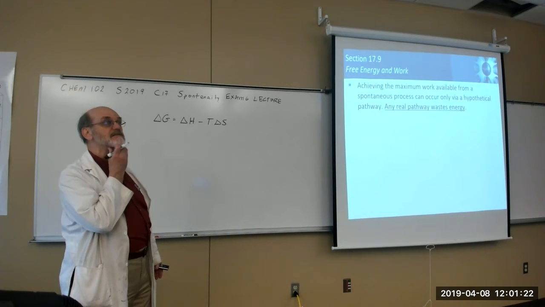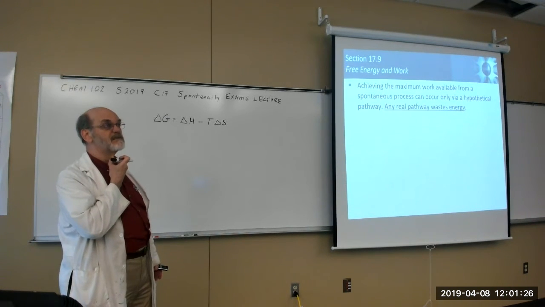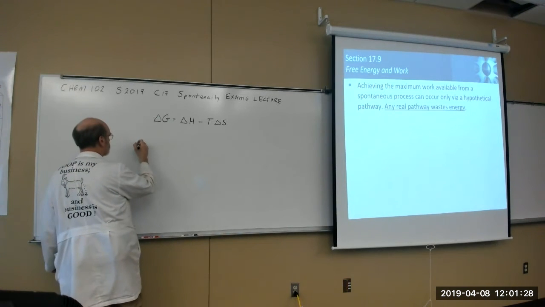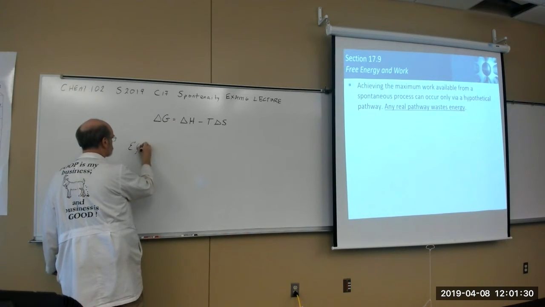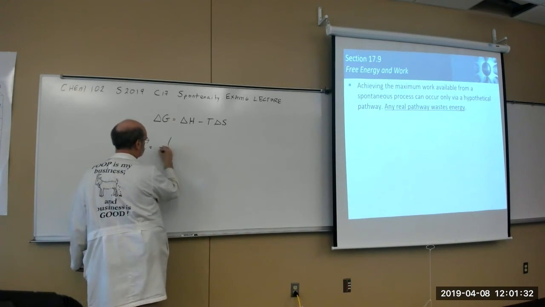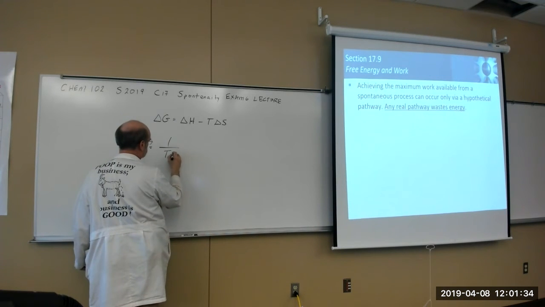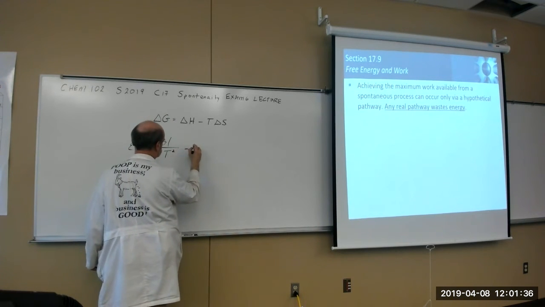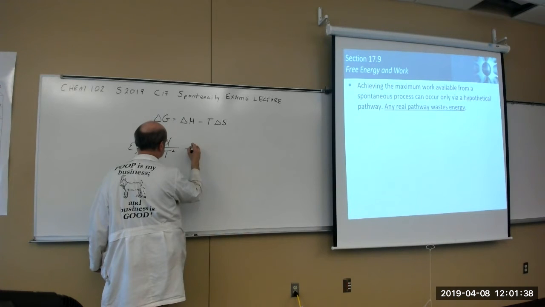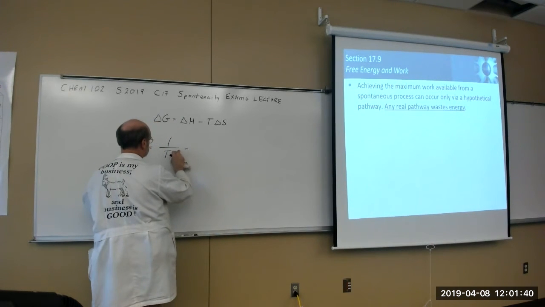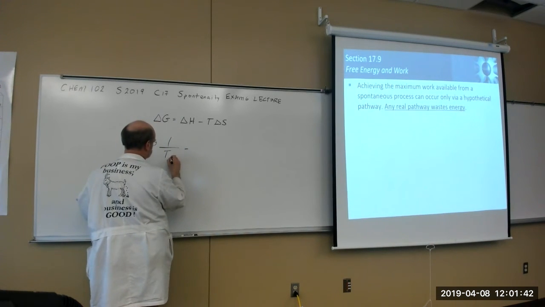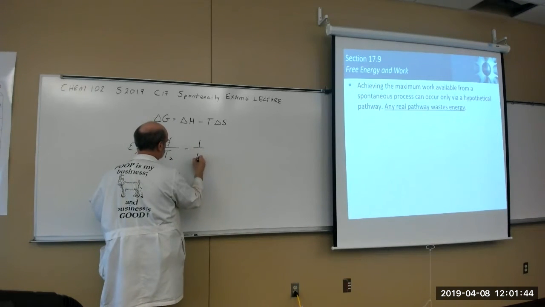Let's see, I can remember what it is. I think the maximum efficiency for a heat engine is 1 over T squared minus, not squared, 2 minus 1 over T1.